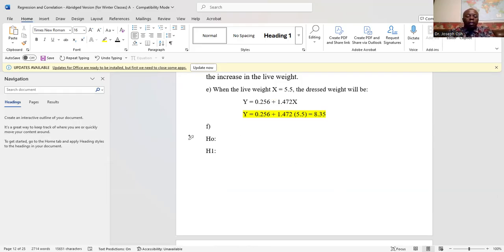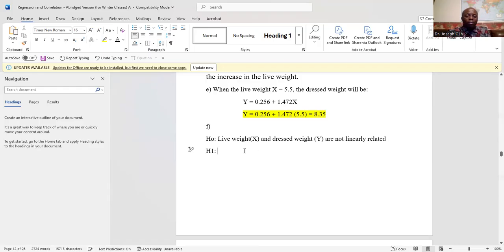H0: X, live weight, and Y, dressed weight, are not linearly related.